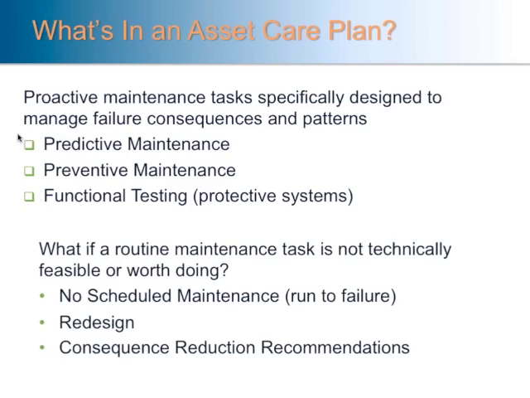And on occasion, we do run into routine maintenance tasks that aren't technically feasible or worth doing. We do have other options associated with those. We would look at run to failure policies, which could account for a large number of actual failures that are inconsequential. Your cigarette lighter in your car, as an example, might not have a formal maintenance strategy. We would look to redesigns, physical or procedural changes.